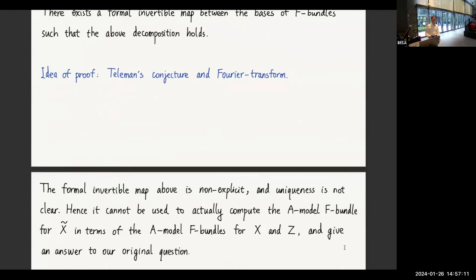And as far as I understand from Hiroshi's paper, this formal invertible map is not explicit. And also, I think you wrote that you didn't think about it, so the uniqueness is also not very clear. So therefore, we can't really use it to actually compute things.